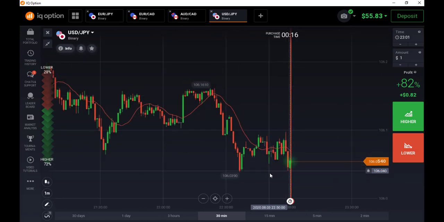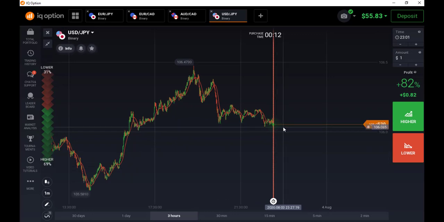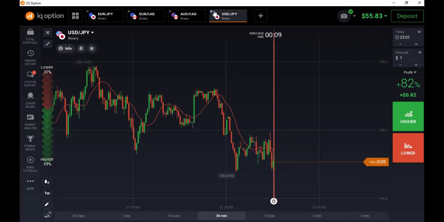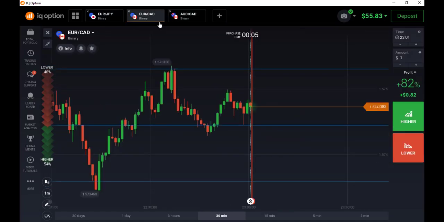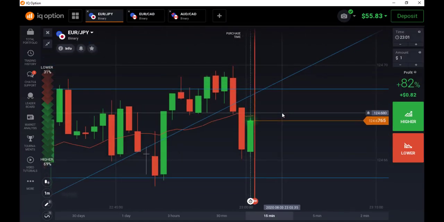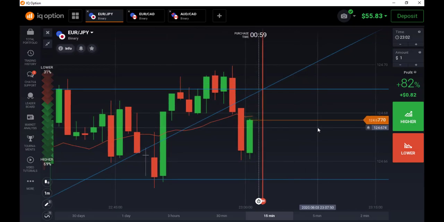This is a support, but it's still going down, and I don't think it's good for trading. Okay, I think I can do some trade here in Euro Japan.